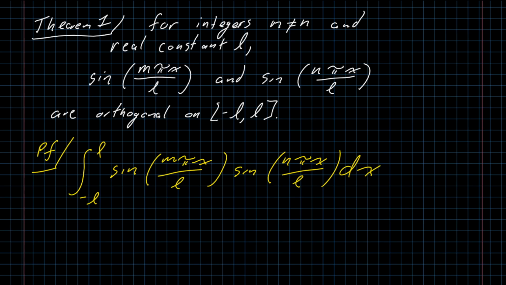In order to evaluate this integral, we're going to use a product to sum formula. So something that you probably saw when you took a course in trigonometry and probably haven't thought of in over a year.